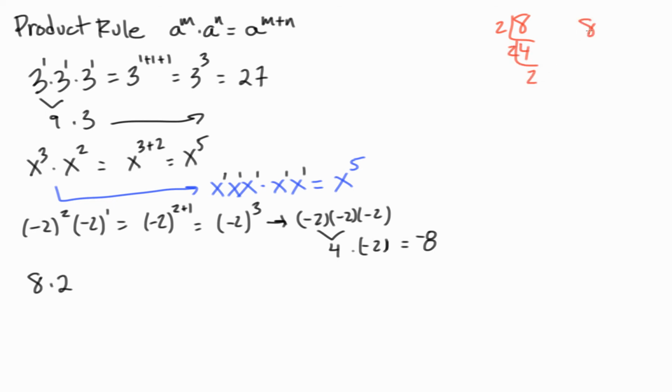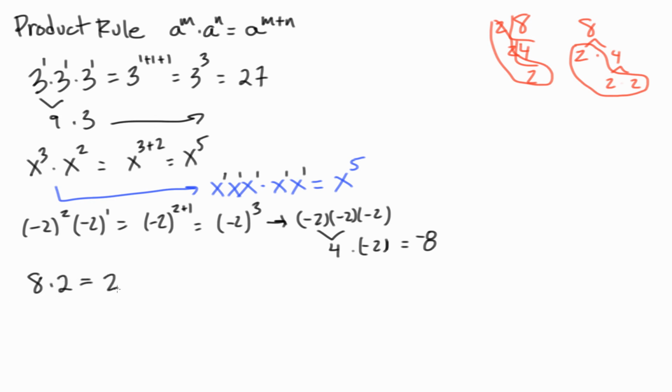Sometimes people like to do it the tree method: what two numbers will give you 8, 2 times 4, and then I can break this down to 2 times 2. Either way, I don't particularly like the tree. I like the ladder, but it's up to you what you like. It doesn't really matter.